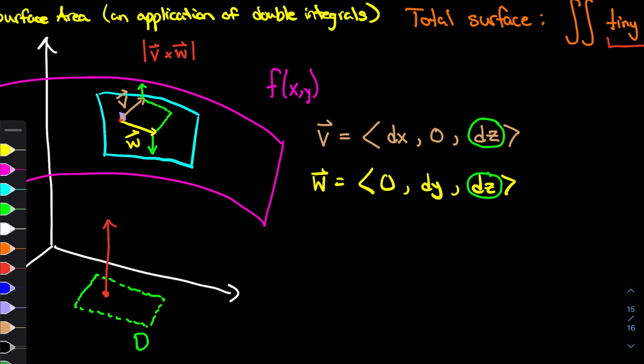And so the way that we clarify which dz's these are is we don't write it like this. What we do write instead, however, is I'm going to write it as the partial of f with respect to x times dx, and the partial derivative of f with respect to y dy, okay?